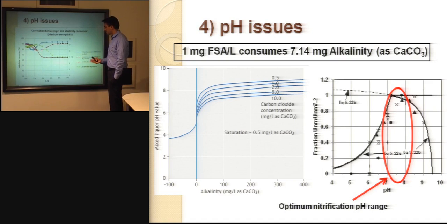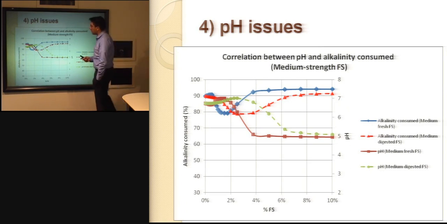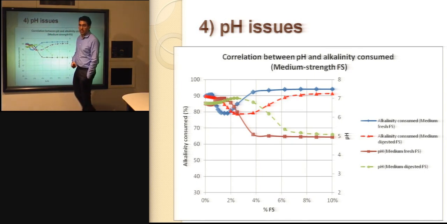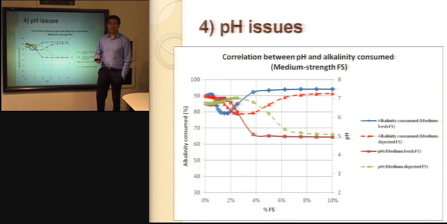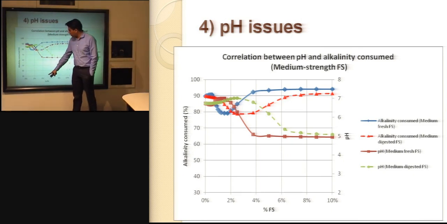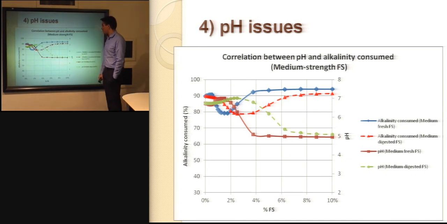If we plot in the effective plan that we have presented before the effect of the discharge of the fecal sludge in the system, but now attending to the alkalinity consumed and the pH that we will likely experience in the aeration tank, we can see that with already 4% discharge of fecal sludge, the pH in the system will drop or approach 5.